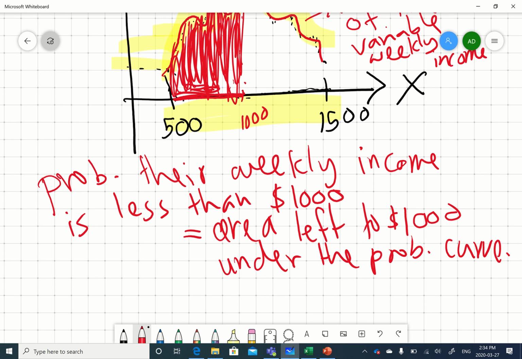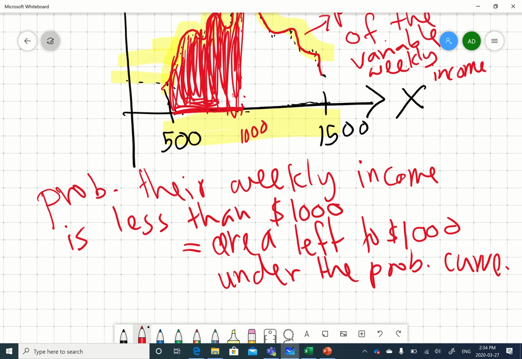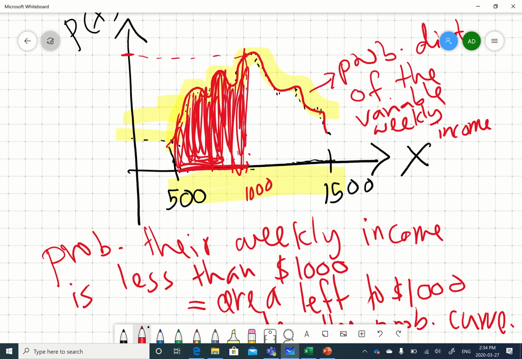In the continuous world, probability is the same as the area under the probability curve. If you manage to find the area under this curve, there you go, you have your answer, right?